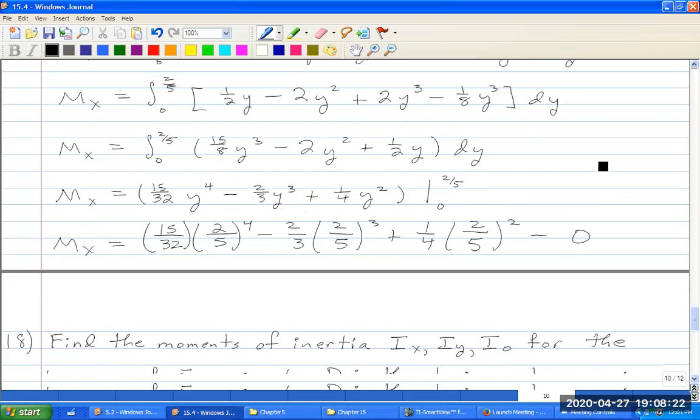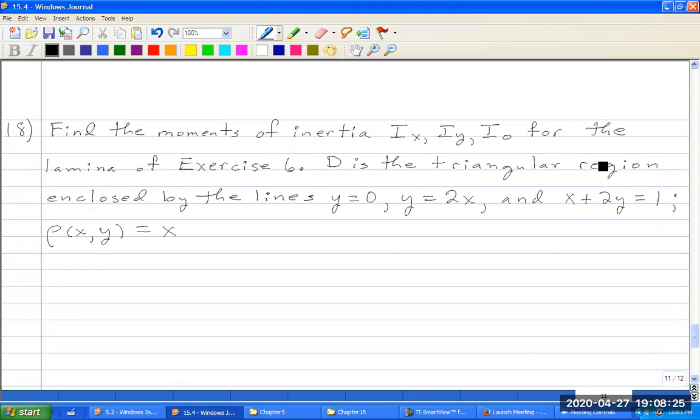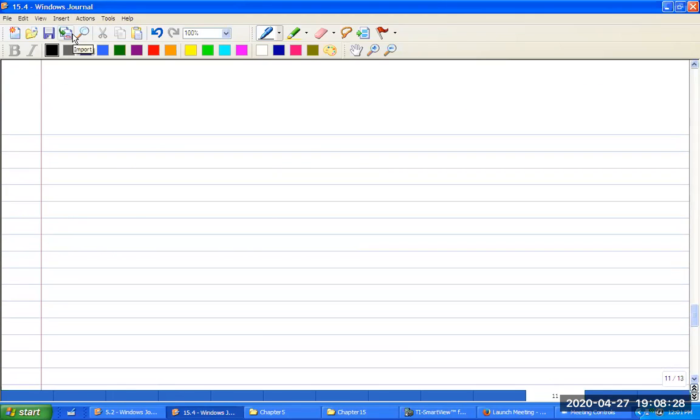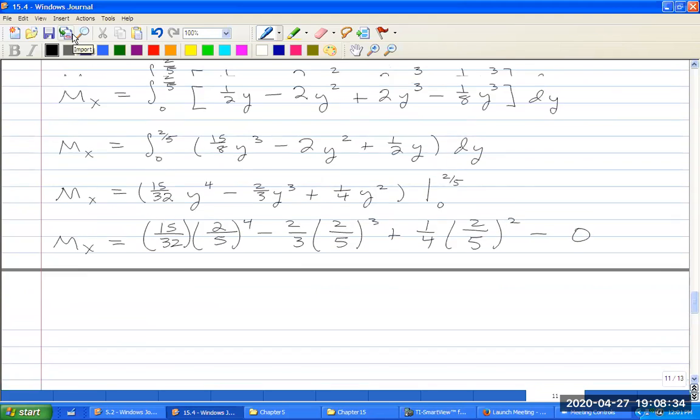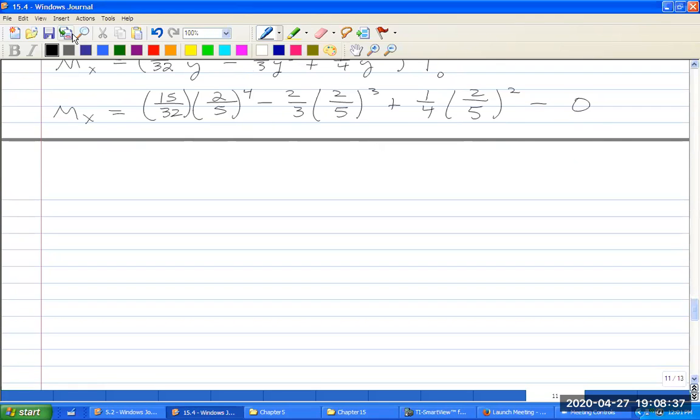Okay, so now let's insert another page. So this is equal to, okay, so let's see.